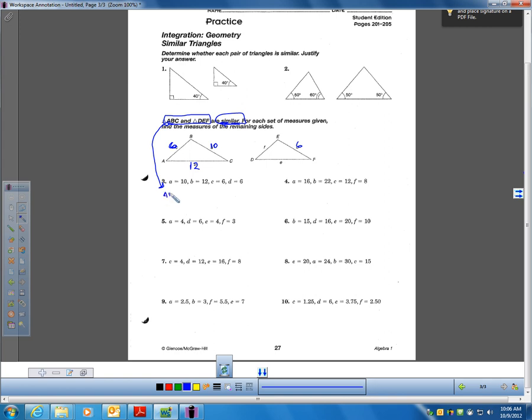So AB compared to DE has to be equal to BC compared to EF.